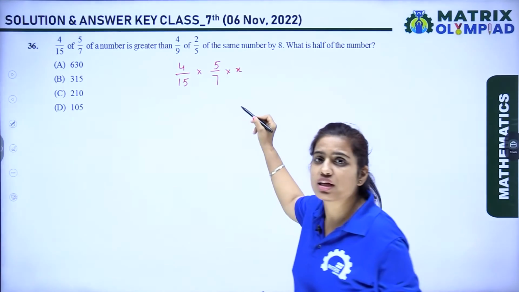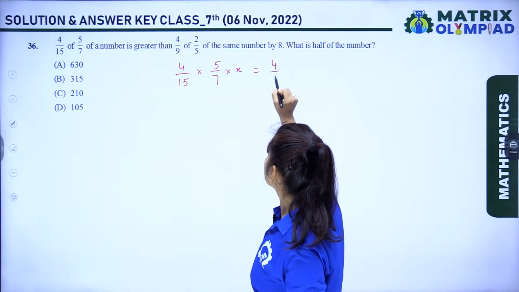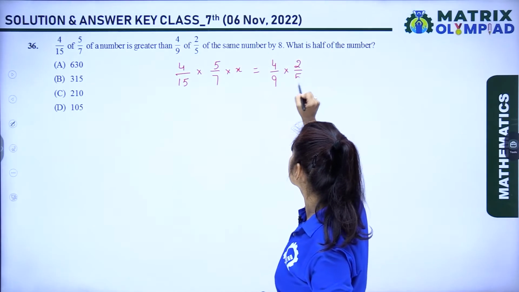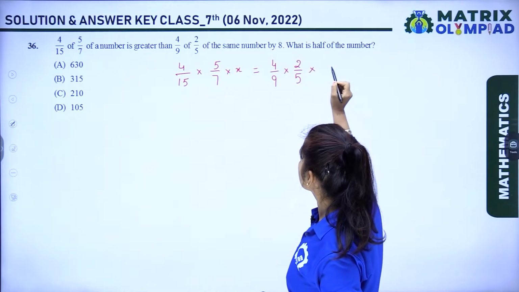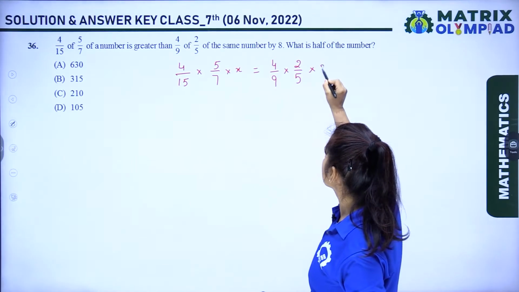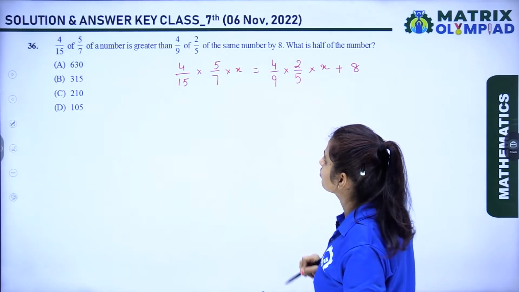Let the number be x. Now, it is greater than 4 upon 9 multiplied by 2 upon 5 of the same number x, plus 8.